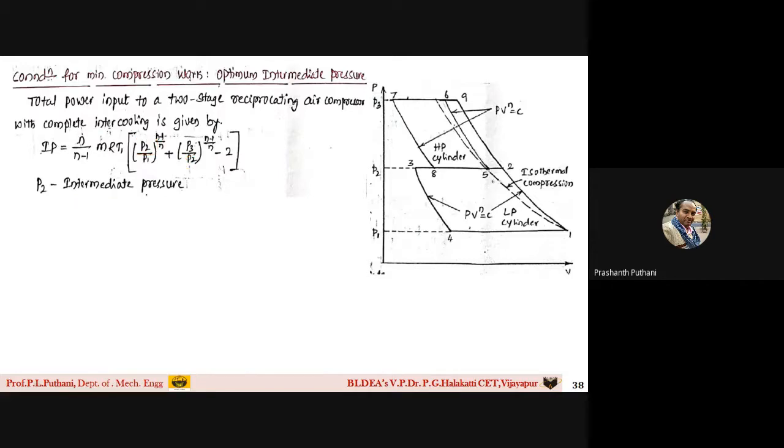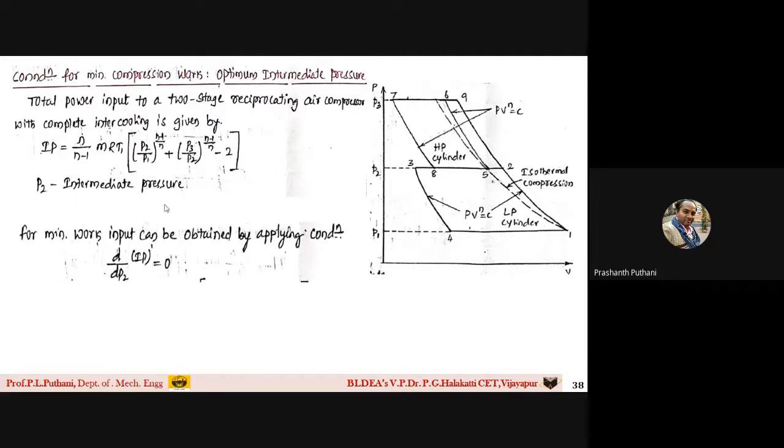Now, for minimum work input, we should differentiate with respect to the intermediate pressure P2 and equate it to 0. So when I do this, I get the equation n by n minus 1 into mRT1 into d by dP2 of P2 by P1 raised to the power of n minus 1 by n plus P3 by P2 raised to the power of n minus 1 by n, minus 2, is equal to 0.